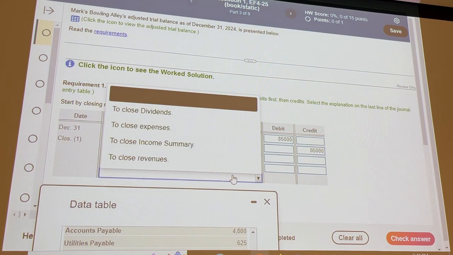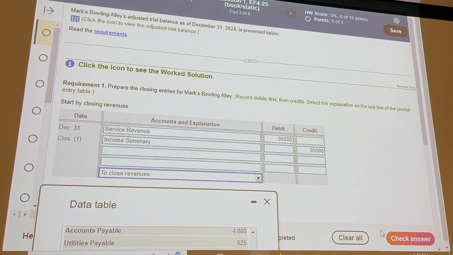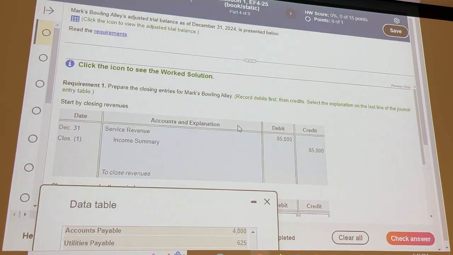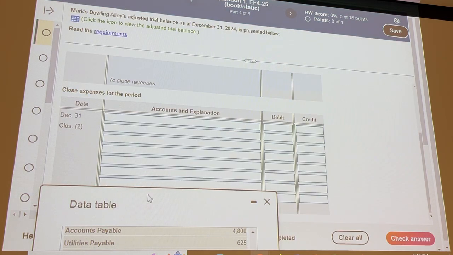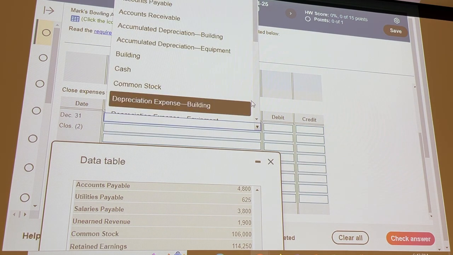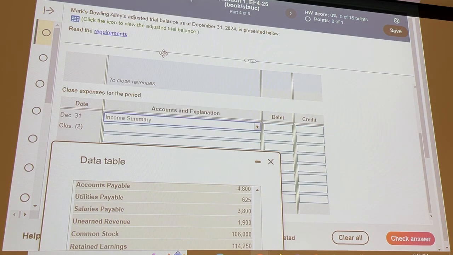And at the bottom we put to close revenues. And then close the expense accounts. So here on the first line, I'm going to put income summary, but I won't fill in that dollar amount until we know what all the credits are.